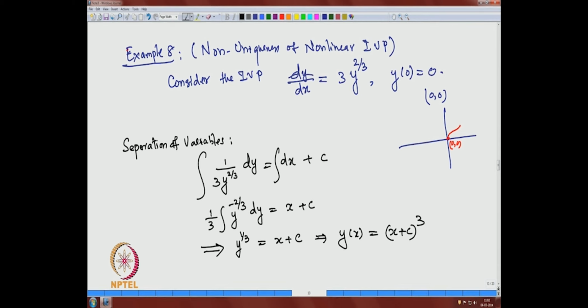And now applying the initial condition, y(0) = 0, which implies that (0 + c) cube is 0, so c itself is 0.